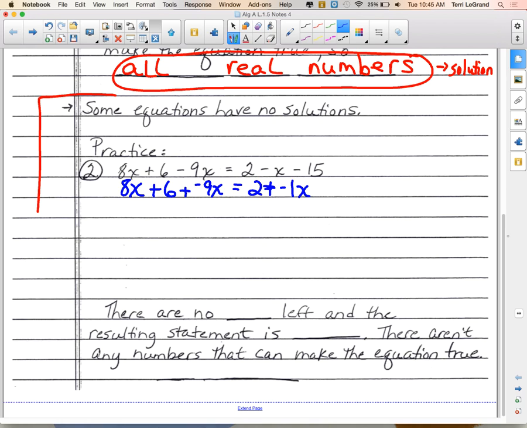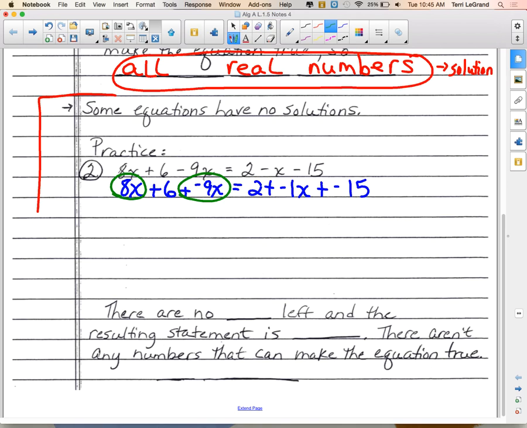Because when there's not a number in front of the variable, we know we can put a 1 there. And then plus what? Negative 15. Okay. Do we have any simplifying to do? Yeah. Okay, what can we do on the left side? 8x and the 9x. The 8x can be put together with the negative 9x.